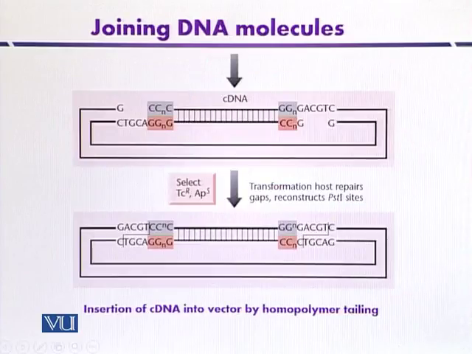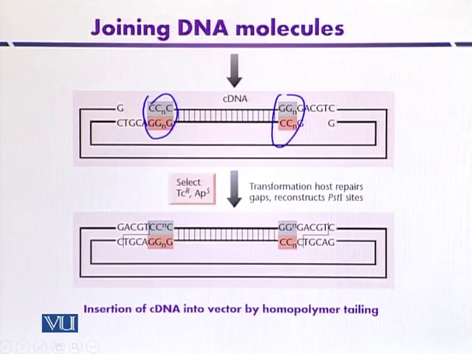Now these two sources of DNAs, from the vector and the cDNA, are mixed together. Because of complementarity of the homopolymer tailing, they will join together. Cytosine will pair with guanine here.